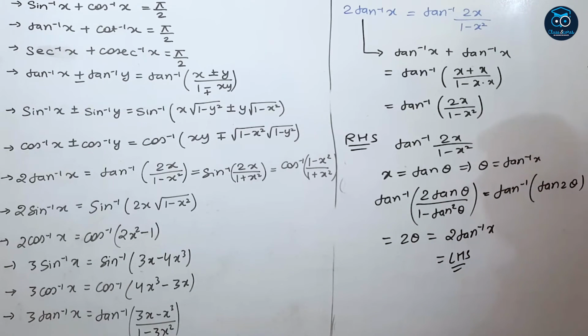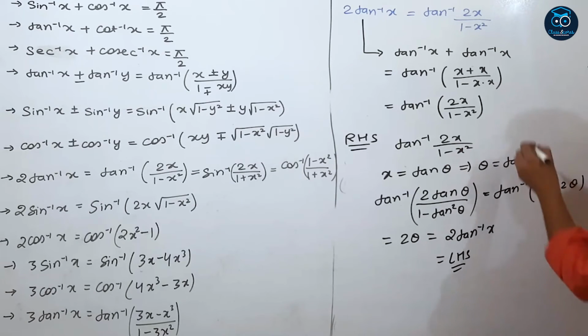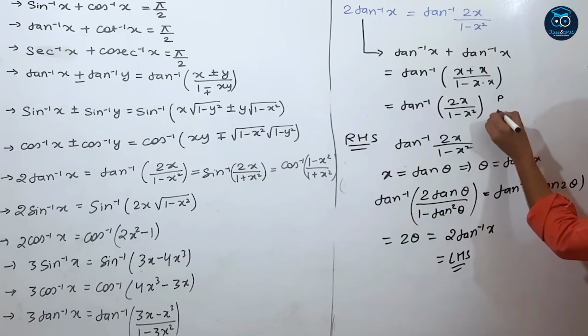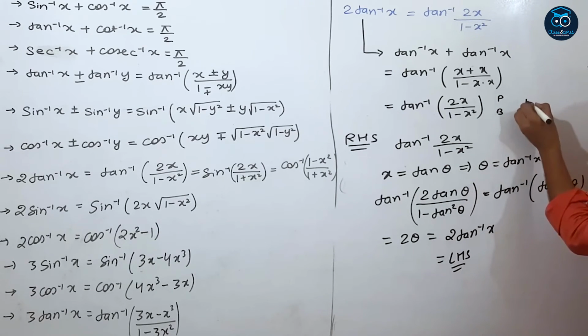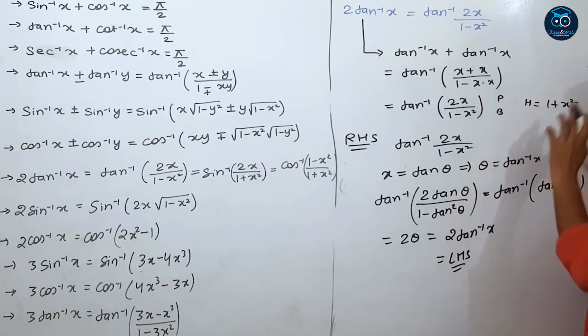Clear? Now if we have to convert this in terms of sine, this is perpendicular, this is base, so we can find the hypotenuse first, and we will get 1 plus x square. By Pythagoras theorem we get the hypotenuse.